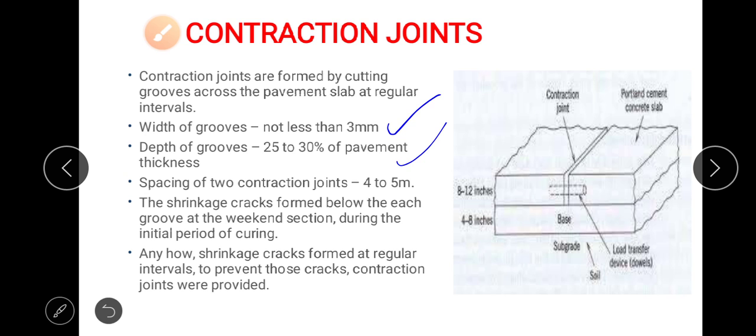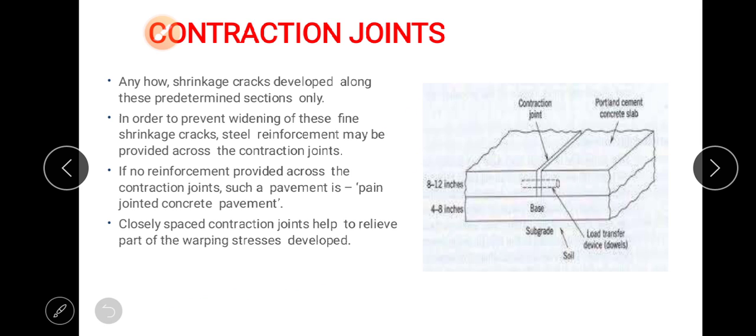The shrinkage cracks form below each groove at the weakened section during the initial period of curing. Anyhow, shrinkage cracks form at regular intervals. To control those cracks, contraction joints are provided. Why are contraction joints provided? In order to prevent the formation of shrinkage cracks elsewhere. Shrinkage cracks develop along these predetermined sections only.